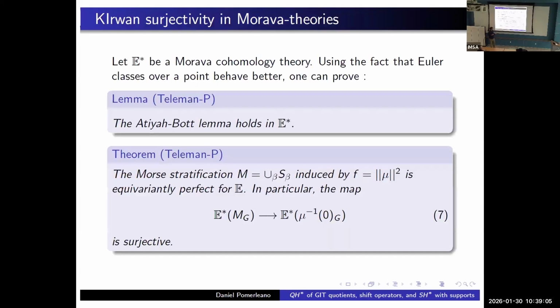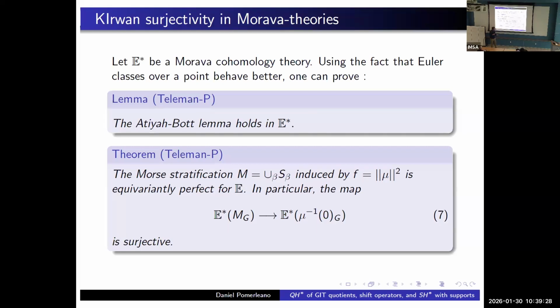But in Morava K theory, the Atiyah-Bott lemma holds, and independent of what the stabilizers are, the whole argument goes through, and independent of what the stabilizers are on mu inverse of 0, one has surjectivity.